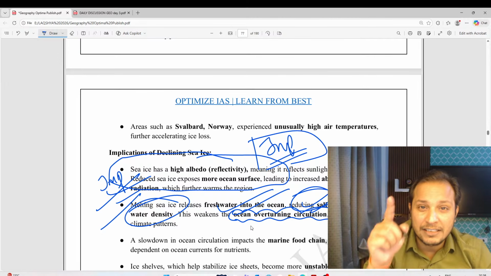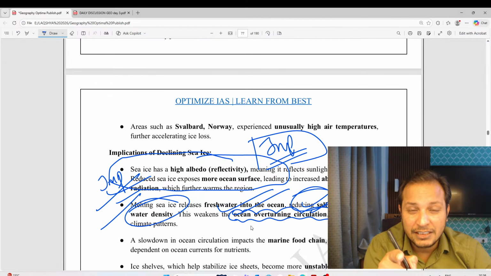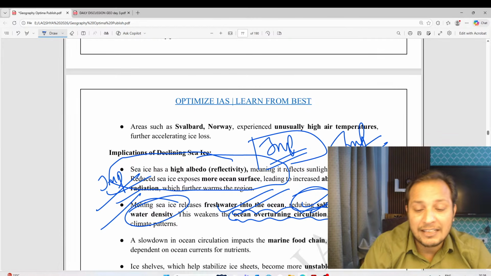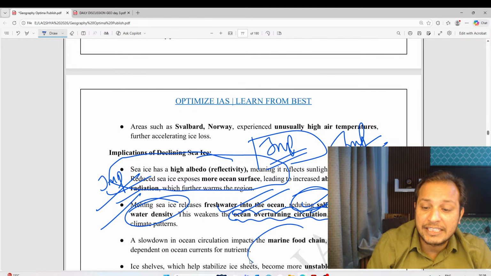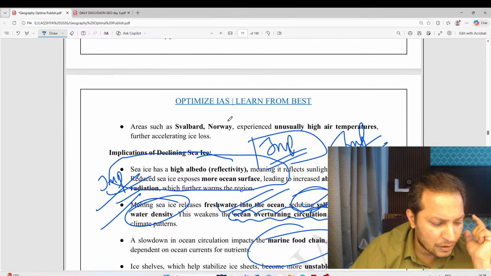The Atlantic overturning circulation also gets affected because of global warming and sea ice melting. So this is an important topic which can be asked in the prelims examination. The marine food chain, everything, gets destabilized. I'm going to show you one of the PYQs.